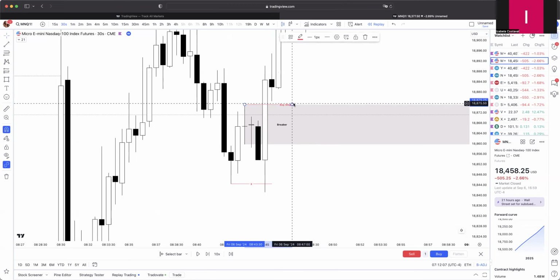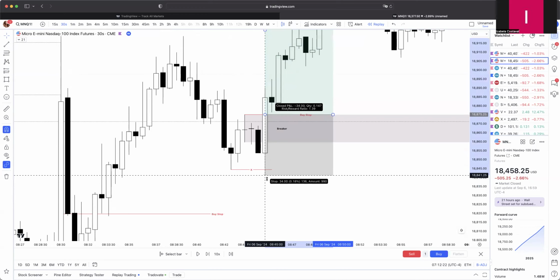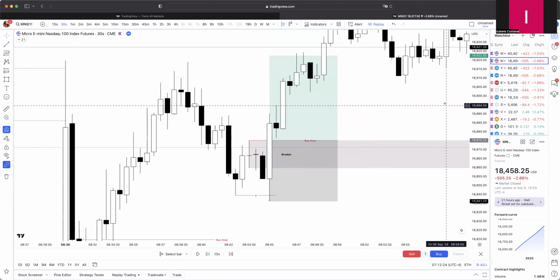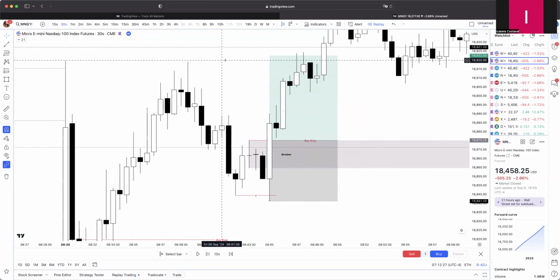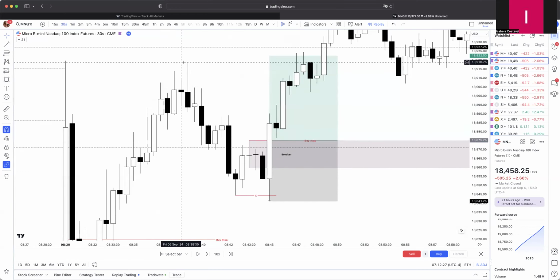And then again, you long from here. Your stop loss, you want to make sure is below that wick. And then you aim for these equal highs right here.